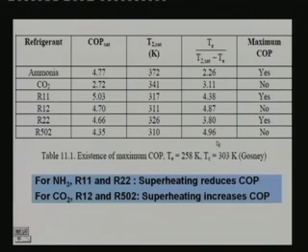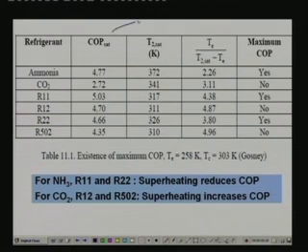This table here is taken from Gosney and it compares these two parameters, COP_sat and this expression, for different refrigerants. This data is obtained at minus 15 degrees centigrade, that is 258 Kelvin, evaporator temperature and 30 degrees centigrade condenser temperature.